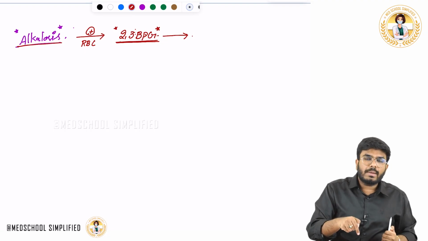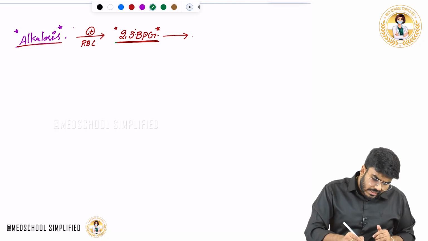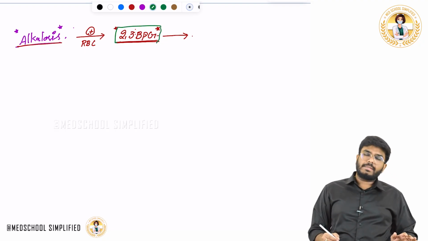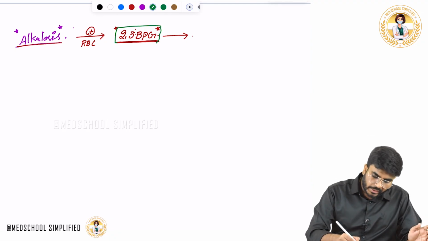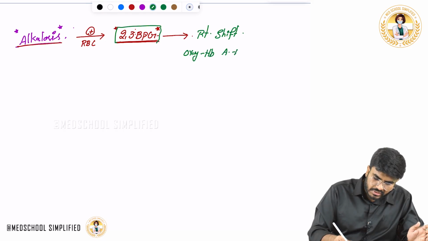But now, what is happening? Whenever there is alkalosis in the body, this alkalosis is going to stimulate the production of the 2,3 bisphosphoglycerate. Whenever there is 2,3 BPG, that's going to cause a right shift in the oxygen hemoglobin association dissociation curve.